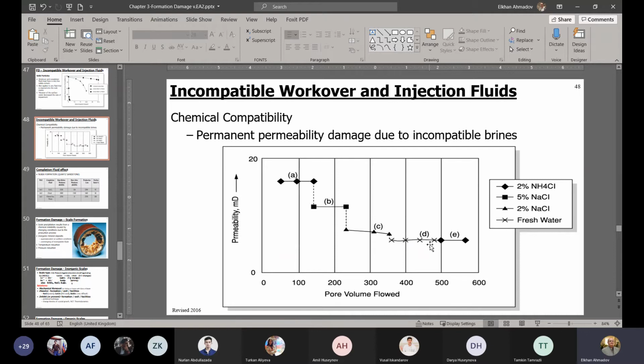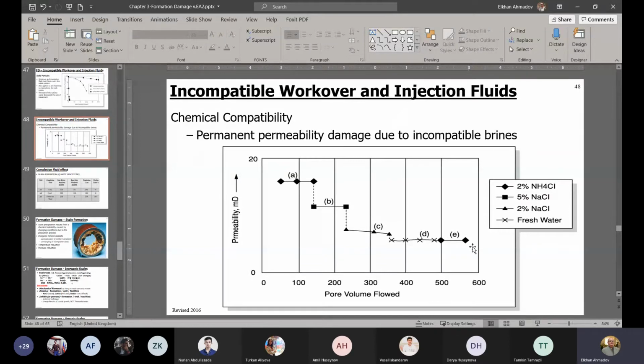All these are injected into the same rock volume, and then we inject again the composition which contains 2% ammonium chloride, which didn't affect the permeability. Here you can see it does not affect the permeability, but the permeability reduction from these earlier fluids stays there permanently. Even if we inject this, it does not improve the situation.